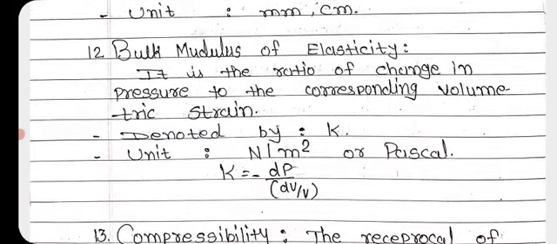Next definition is bulk modulus of elasticity. It is the ratio of change in pressure to the corresponding volumetric strain. It can be easily understood with the help of the equation.